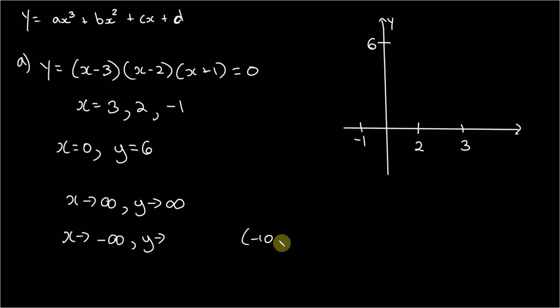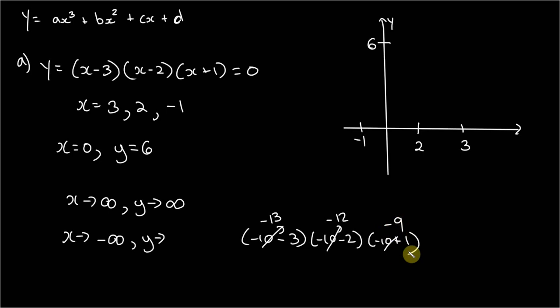So we've got (negative 10 minus 3) times (negative 10 minus 2) times (negative 10 plus 1). And that's going to be negative 13, negative 12, and negative 9.